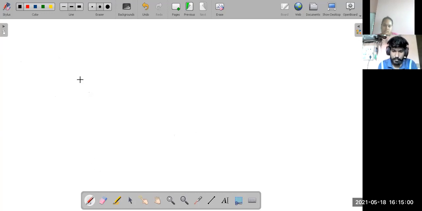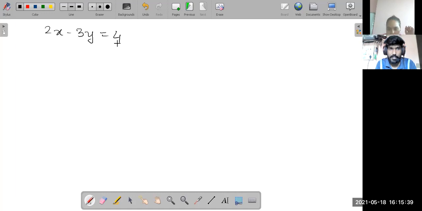In the sixth one, first equation is 2x minus 3y equal to 4. Okay, can you just check the equation? Is it correct? 2x minus 3y equal to 4.